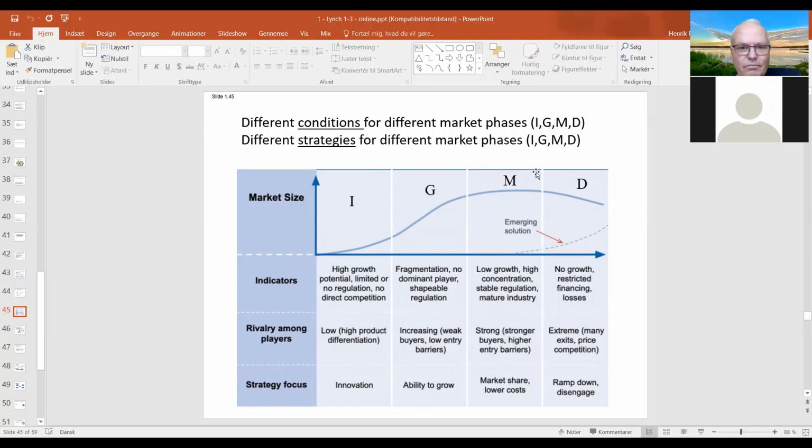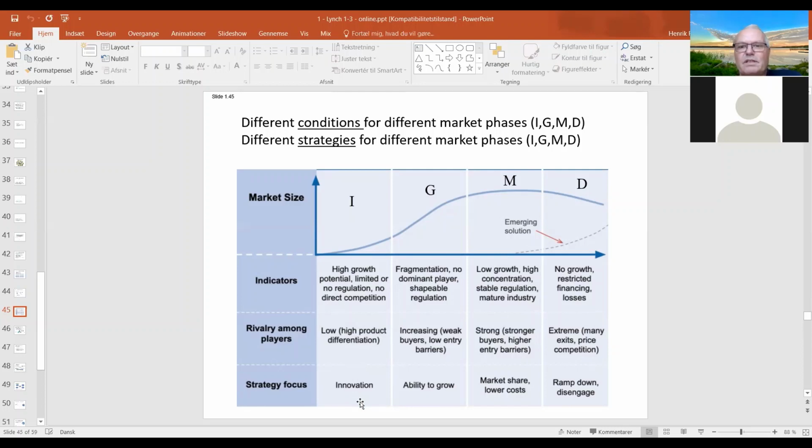So some of the indicators for having an introduction is high growth potential, limited or no regulation, no direct competition, rivalry among players low in the introduction, and we might have an innovative focus from a strategic point of view in the introduction.